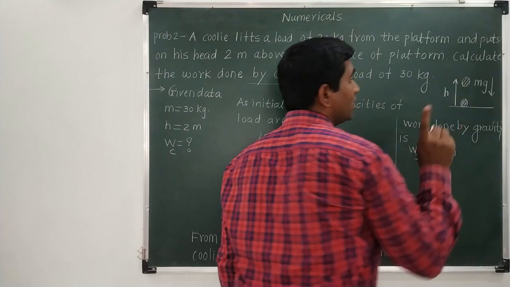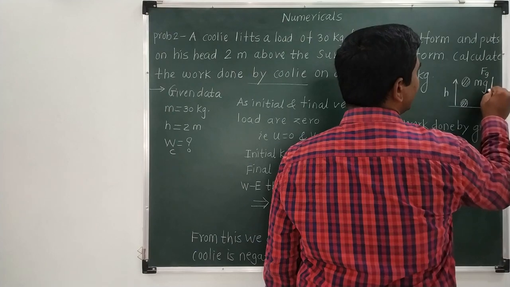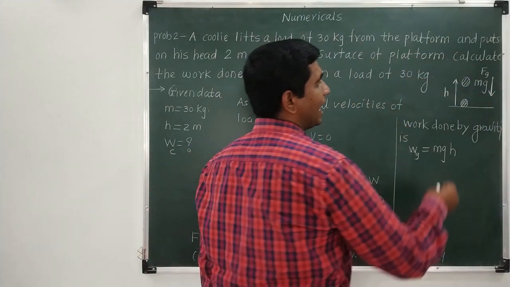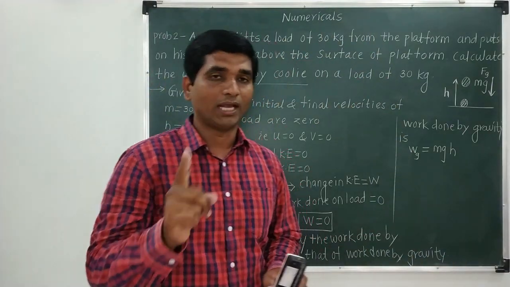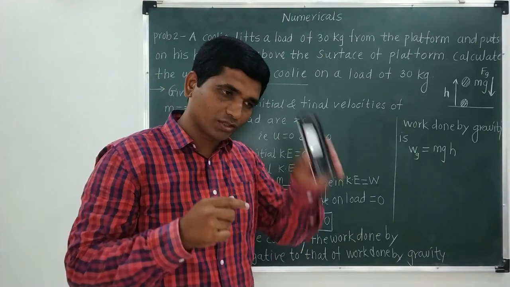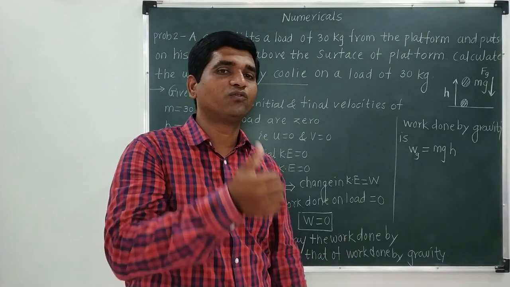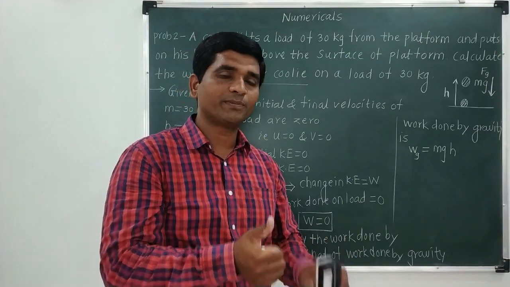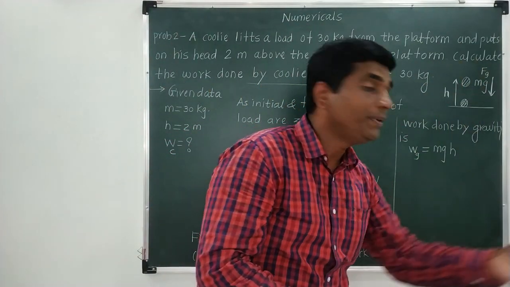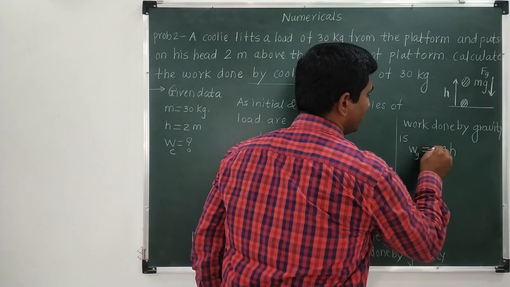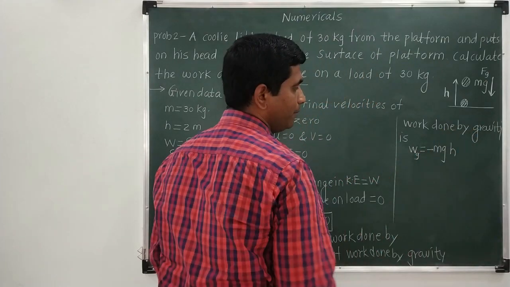Now remember, the gravitational force is acting in the vertically downward direction, and the displacement h is in the vertically upward direction. We saw in our earlier lecture that if the force and the displacement are in different directions, then the work done will be negative. So I should give a negative sign here. So my WG will be minus mgh.